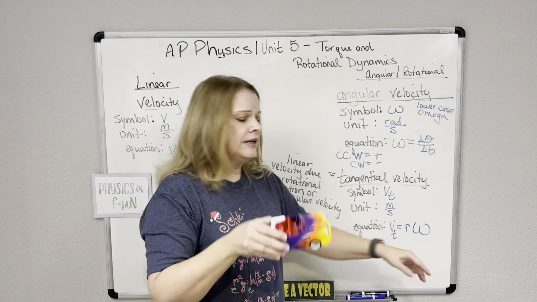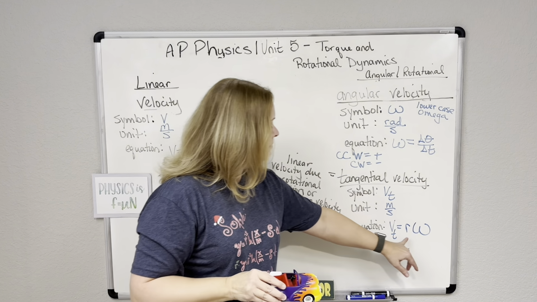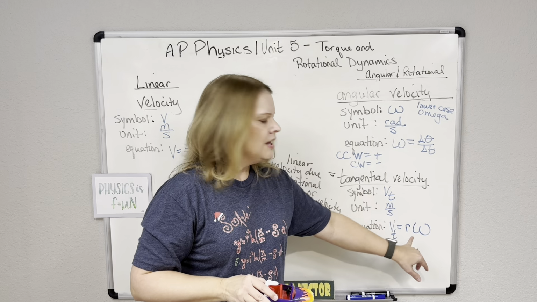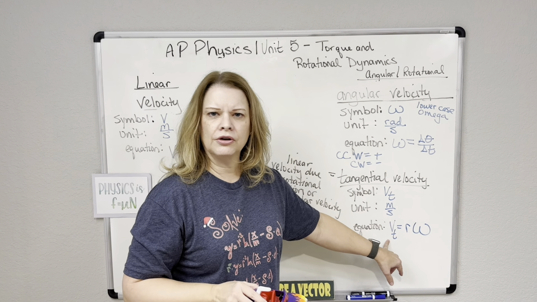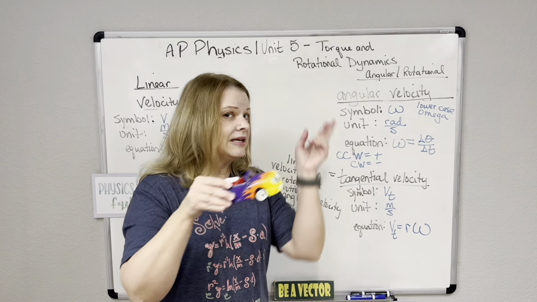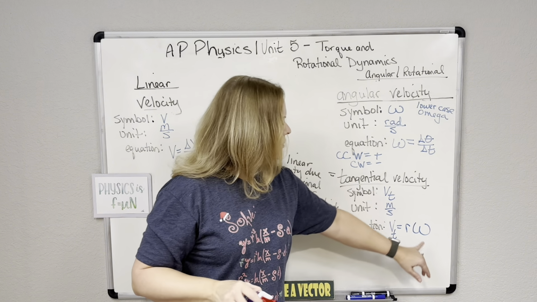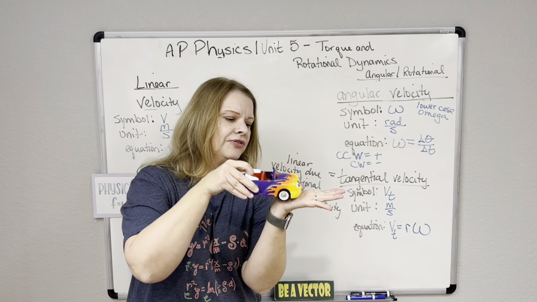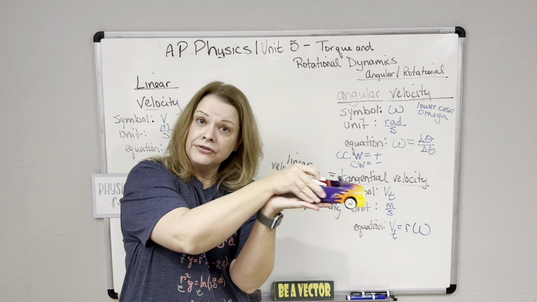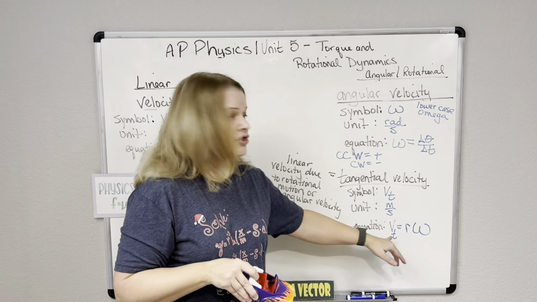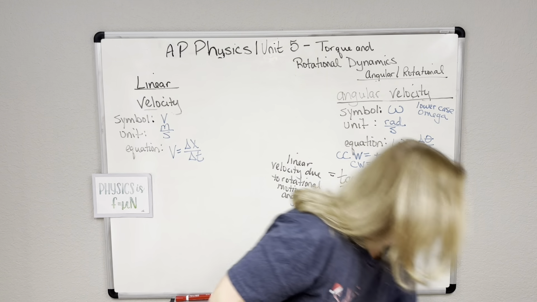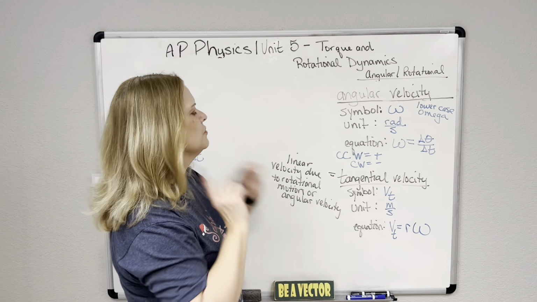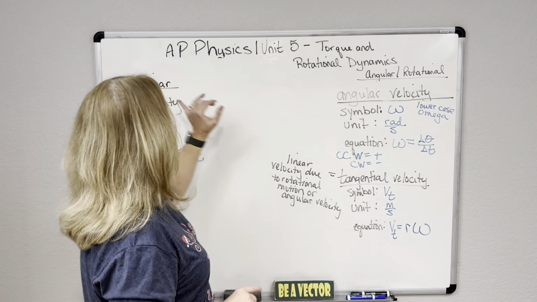All right, if my radius went up, then my tangential velocity is going to increase. If how fast it spins, or this angular velocity, goes up, also my tangential velocity increases. So that is the difference between tangential, angular, and linear.